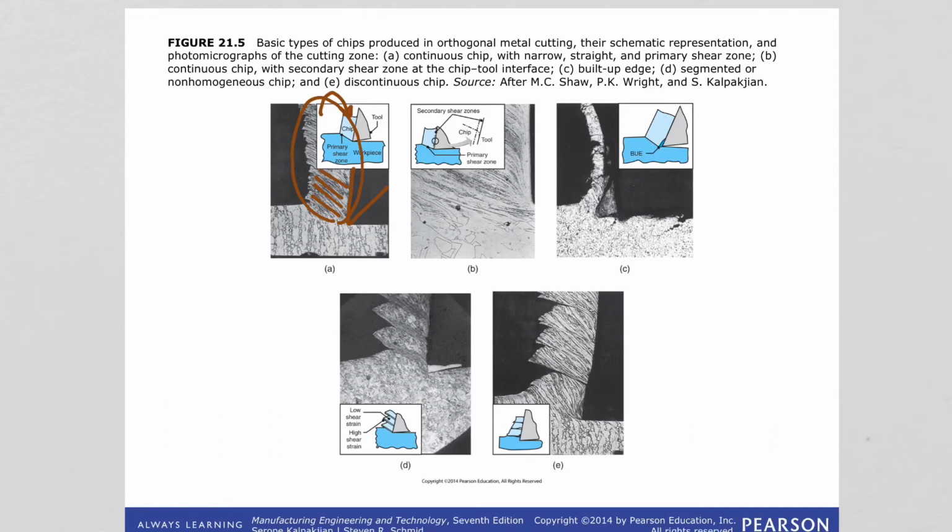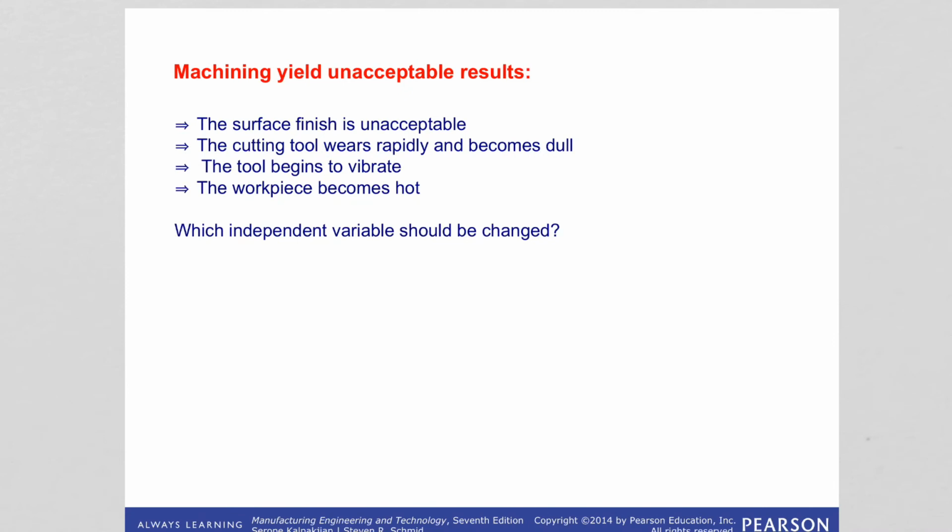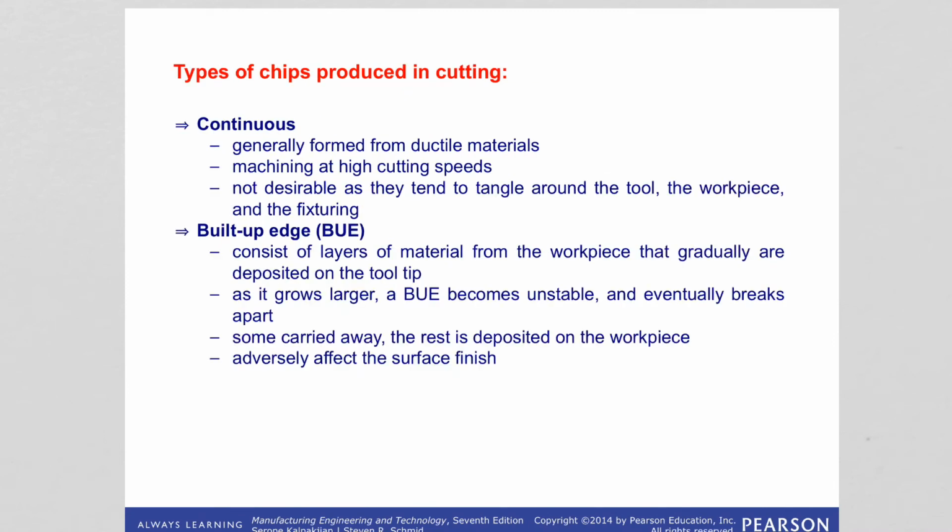And this is the shear zone, right? Material is sheared. And since this is a continuous chip, as we talked, it can create undesirable effects, like they tend to tangle around the tool, the workpiece, and the fixturing.